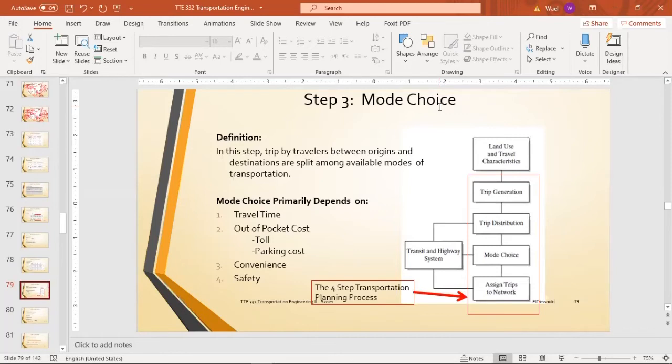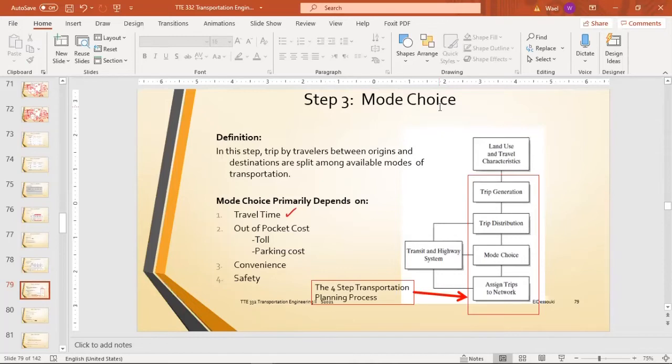Some of the factors that affect their decision is basically the travel time of the mode. For example, if you want to go downtown in New York, you won't be inclined to drive your own car. You would prefer to take the subway, for many reasons.